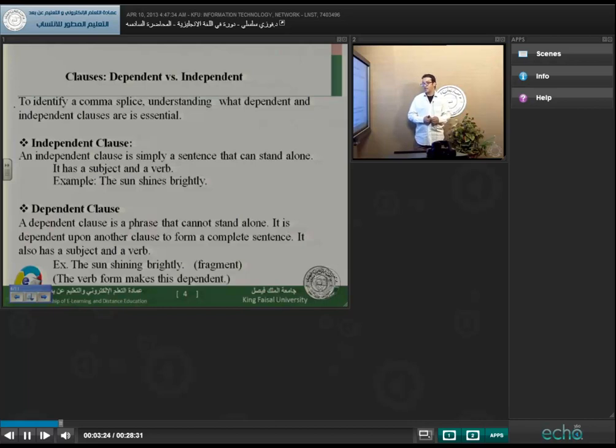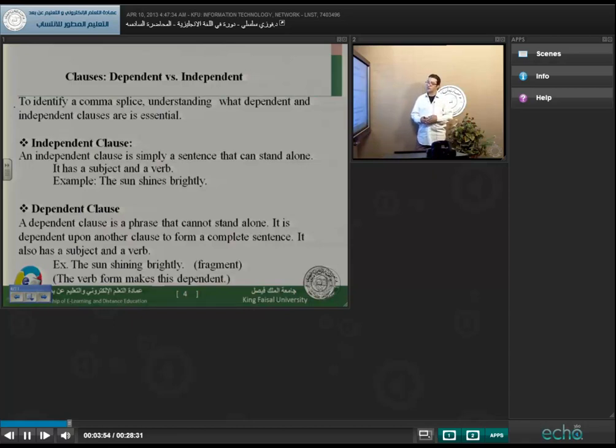It also has a subject and a verb. For example, the sun shining brightly. If we say the sun shining brightly, it's a fragment. It's an incomplete sentence, right? It has a subject, it has a verb, but the form of the verb makes it a fragment.